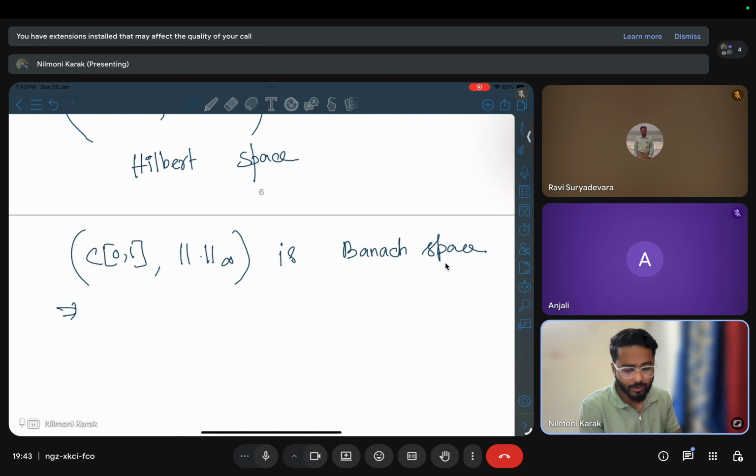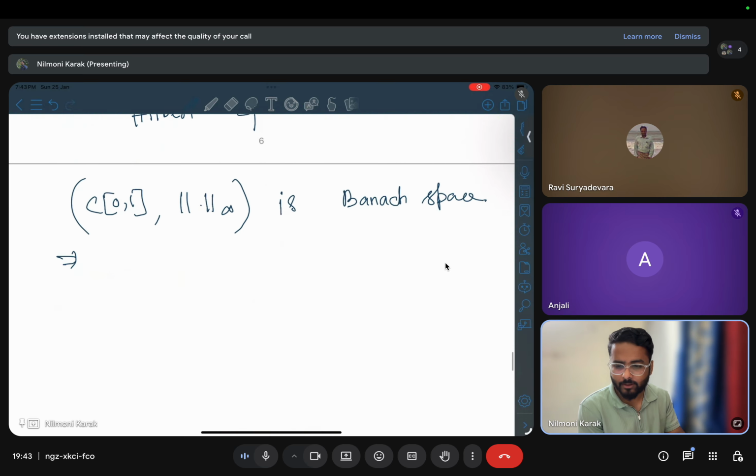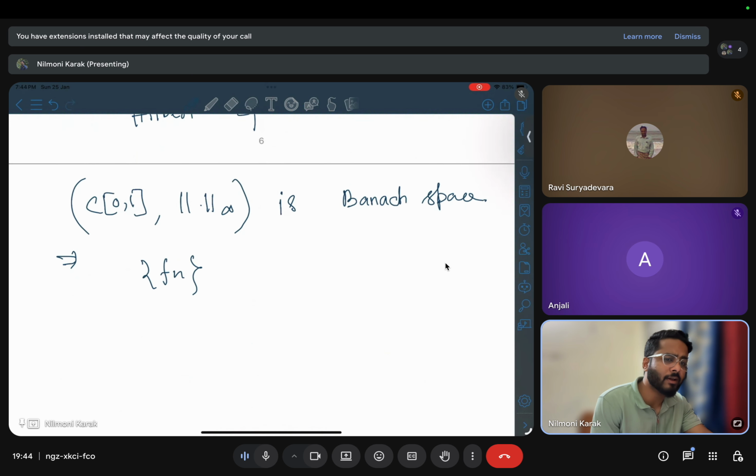I'm giving some brief idea. First of all, to show it is a Banach space, like it is complete, you have to show the completeness property. This space is complete under this norm.